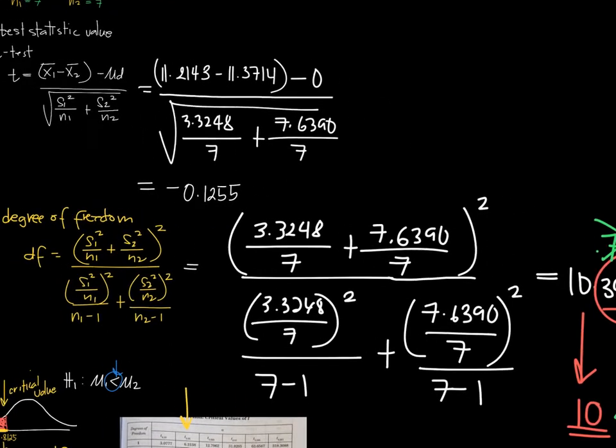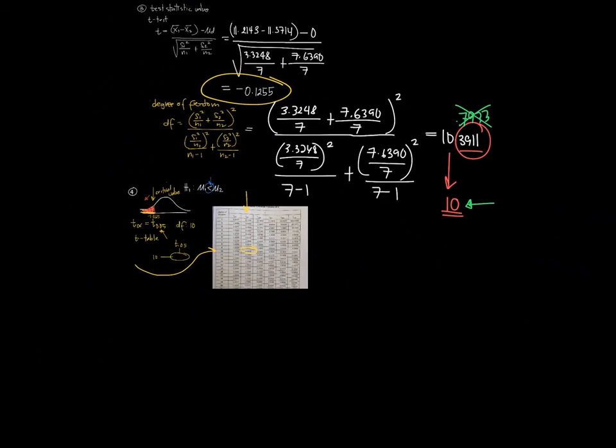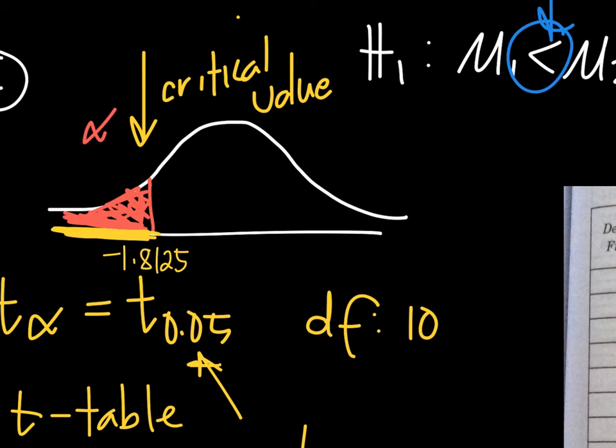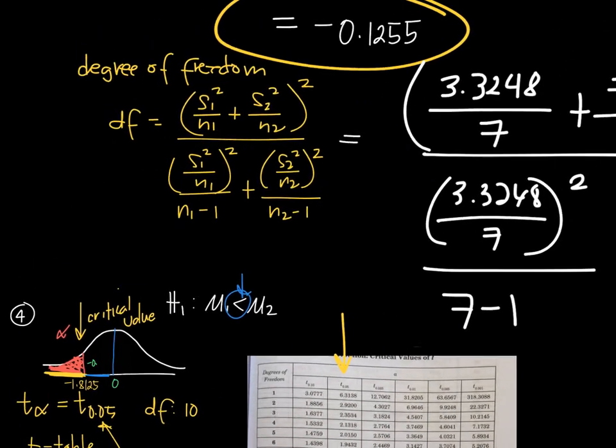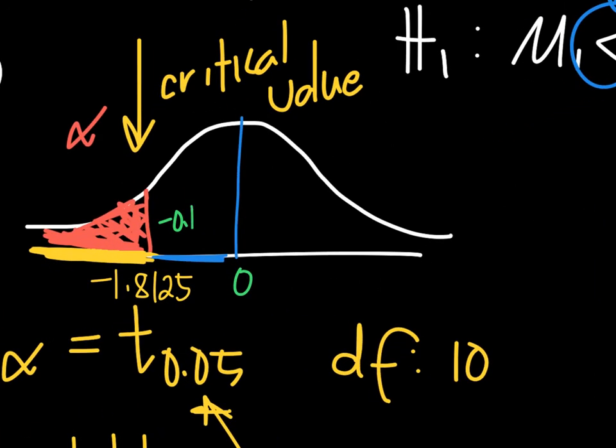So once our critical value is plotted or identified, we go back to our T computed, the T statistic value, and it says negative 0.1255. Locate that with respect to our critical value, and we should be able to locate that somewhere here, because this is at the 0 mark and we have negative 0.1255.